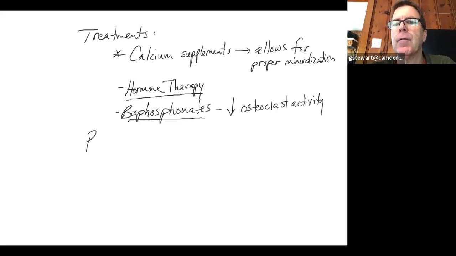And then I'm just going to write prevention. The great thing about exercise, especially when we're young, is that it helps prevent osteoporosis from occurring in the first place. It's most effective, though, when we are still growing.